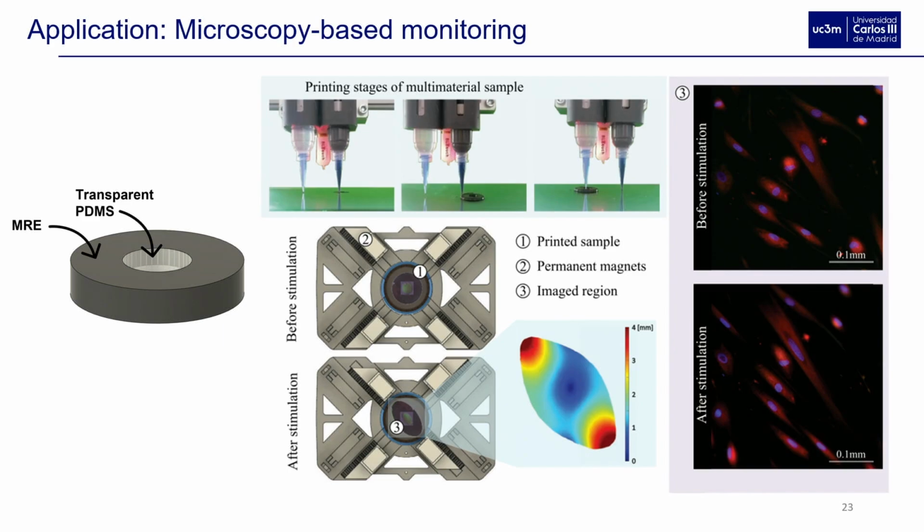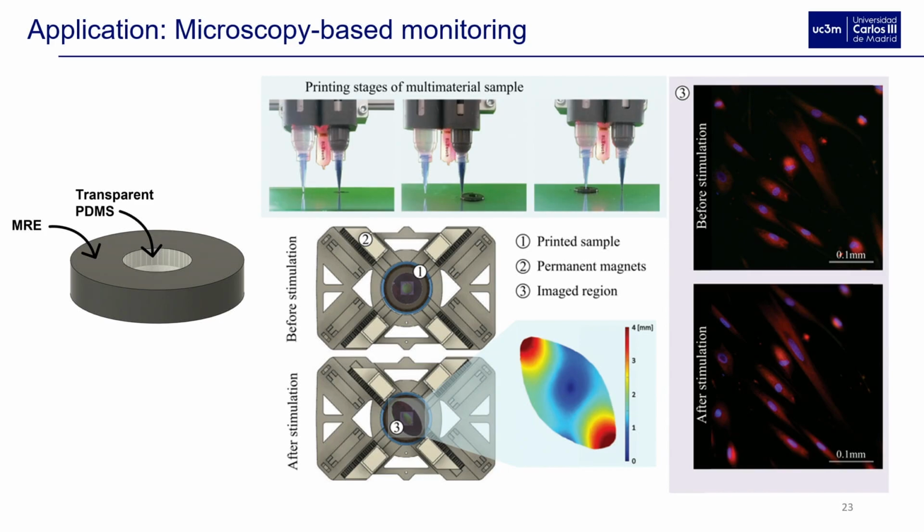So now that we have a system that can implement multi-material, we want to seed some cells on top of it. We want to stimulate the cells, and we want to monitor by the use of a microscope.